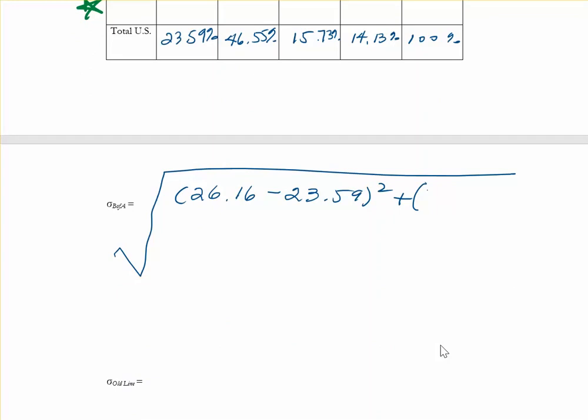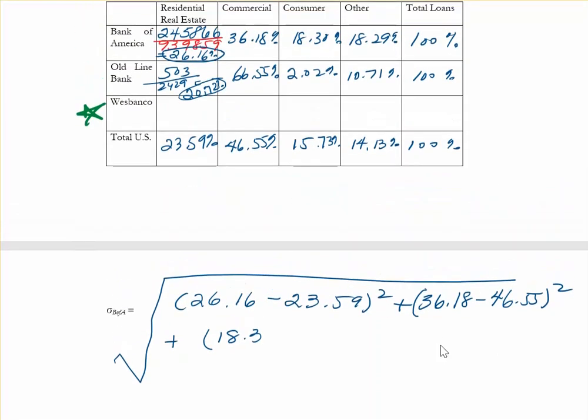So we have 36.18 minus 46.55 squared. Let me just make it like this so you can see where it is on that table.